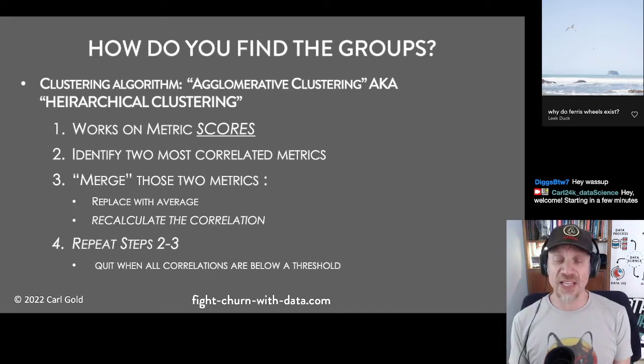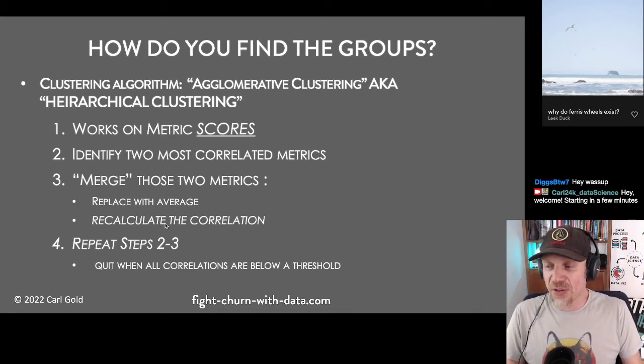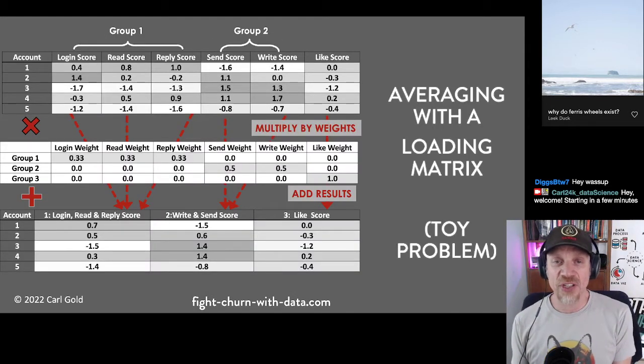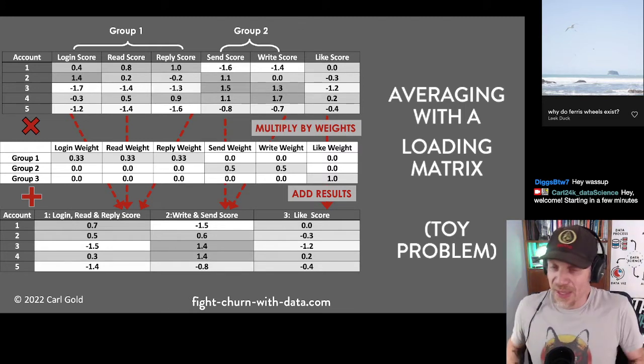So you take the average of 2 metrics, then you recalculate the correlation matrix, and you keep going. And I have another illustration of what I mean by averaging groups of metrics with a loading matrix, because this is what the code we're going to look at is going to do.